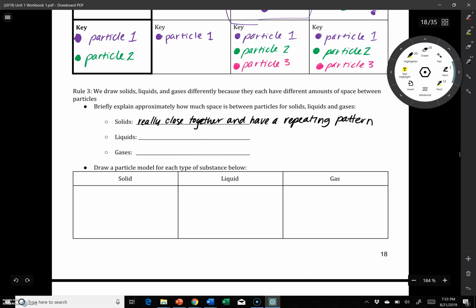Liquids, on the other hand, have some space between them. This allows them to flow past each other. They do not have a pattern.